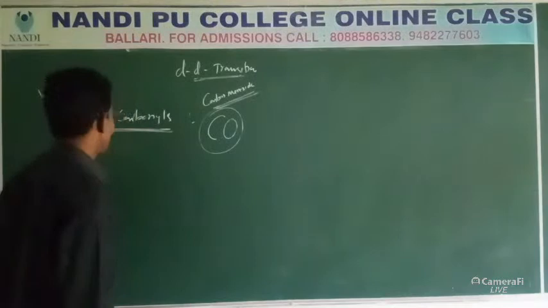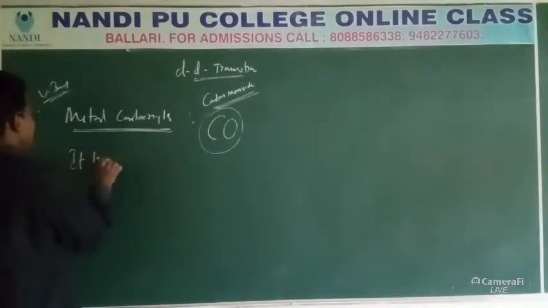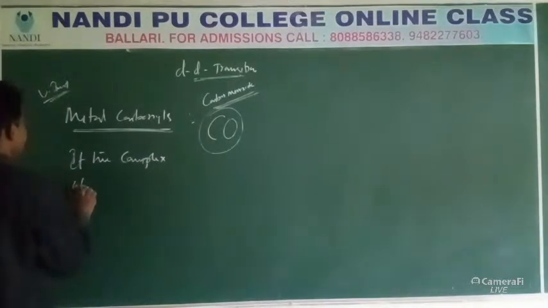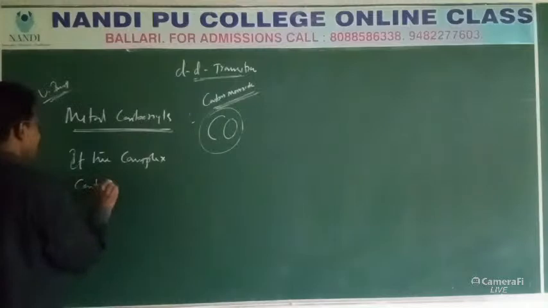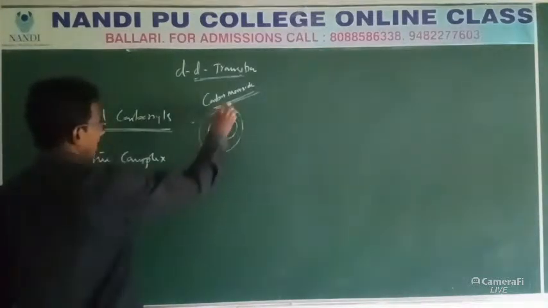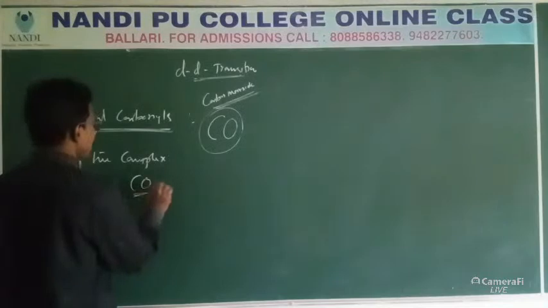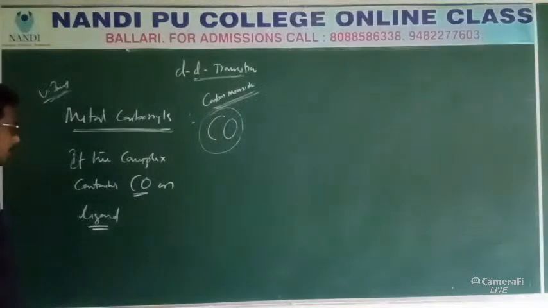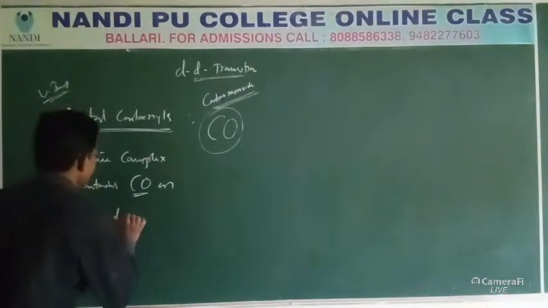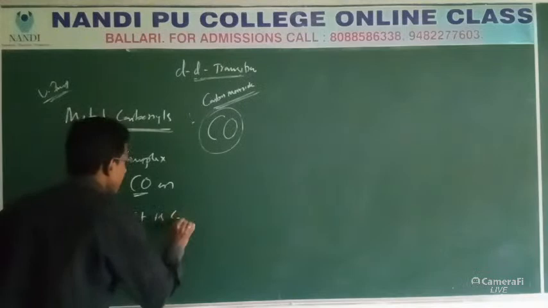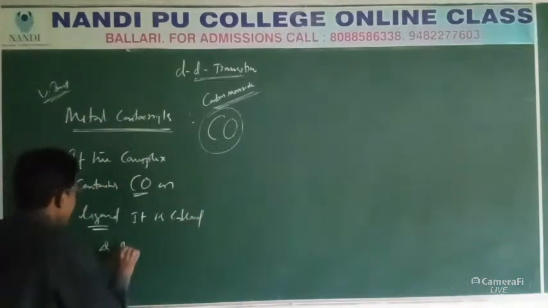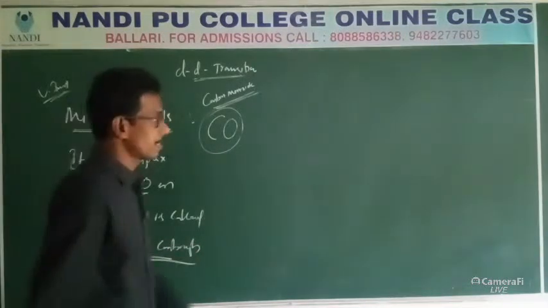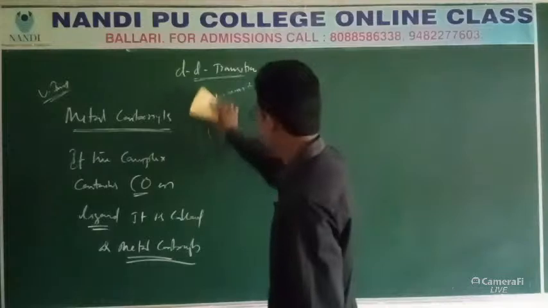Metal carbonyls. Note down. If the complex or compound contains CO, what is CO, children? Carbon monoxide as ligand. If the complex contains CO as ligand, it is called metal carbonyl.